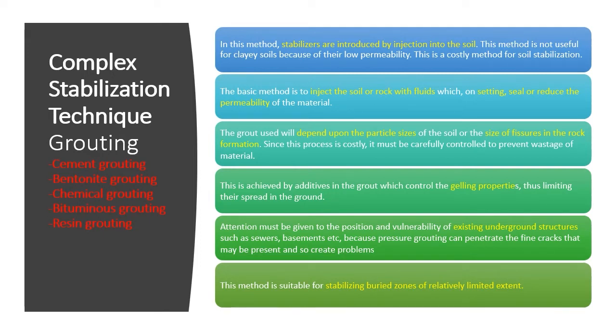The grout used will depend upon the particle size of the soil or the size of fissures in the rock formation. Since this process is costly, it must be carefully controlled to prevent wastage of material. This is achieved by additives in the grout which control the gelling properties, thus limiting their spread in the ground.